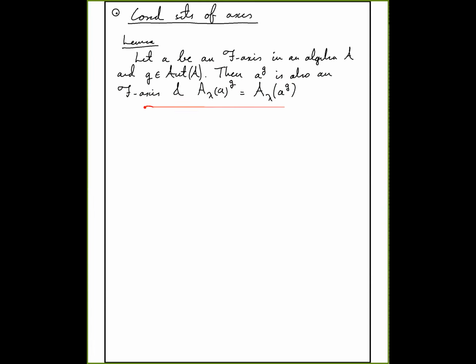And this will imply that my Miyamoto automorphism with respect to this new axis is going to be equal to the Miyamoto automorphism of the old axis conjugated by G.